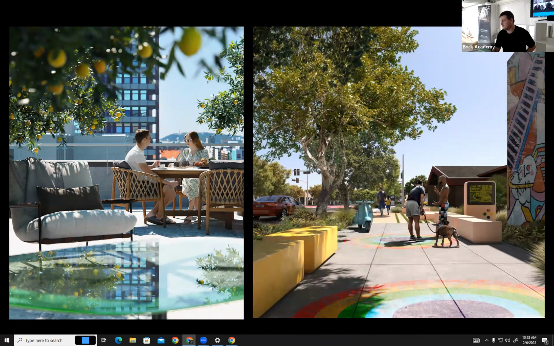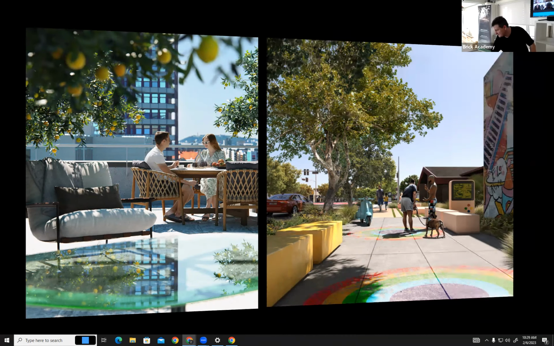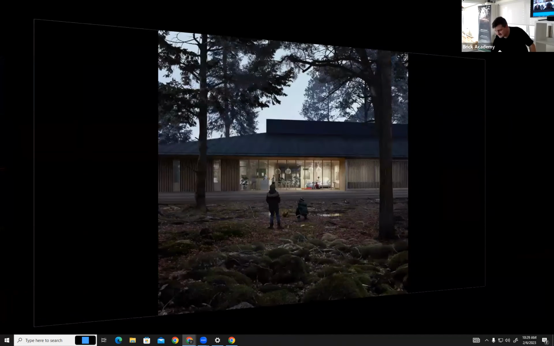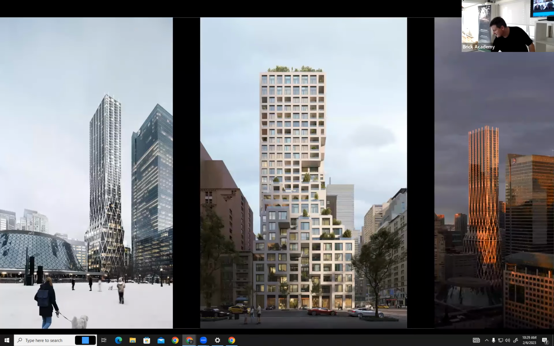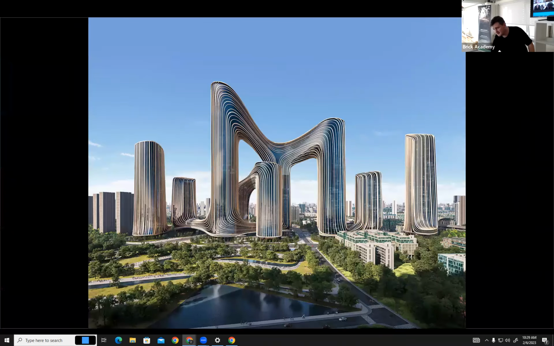Just a couple of final images that we delivered, showcasing the amplitude from small scale to big scale. Obviously small scale. Yeah, still small scale, a Norwegian kindergarten. This is commercial, bigger commercial projects.